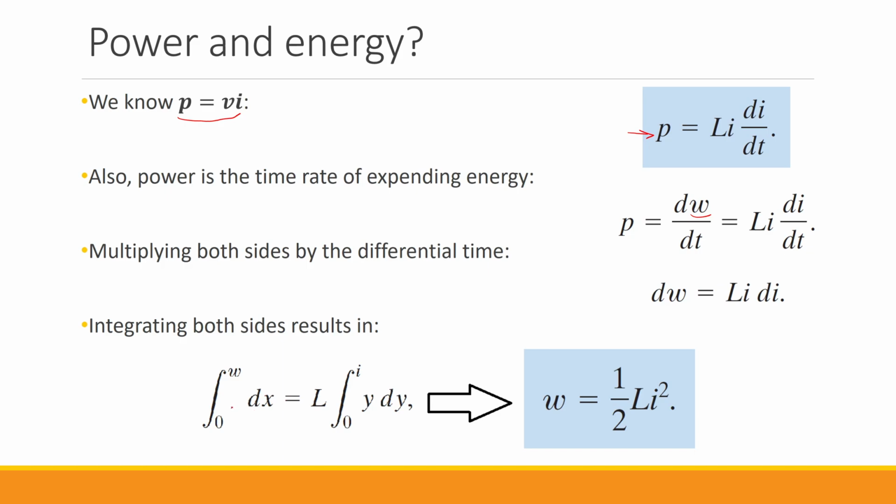So the integral of the left side is going to be the energy itself. The integral of the right side, if you remember from calculus, the integral of function x with respect to x is going to be x squared over 2, and that is basically what we have here. So this equation is going to be simplified to W equals 1 over 2 multiplied by L multiplied by I squared. So this is the equation that we have for the energy of an inductor at any given time.